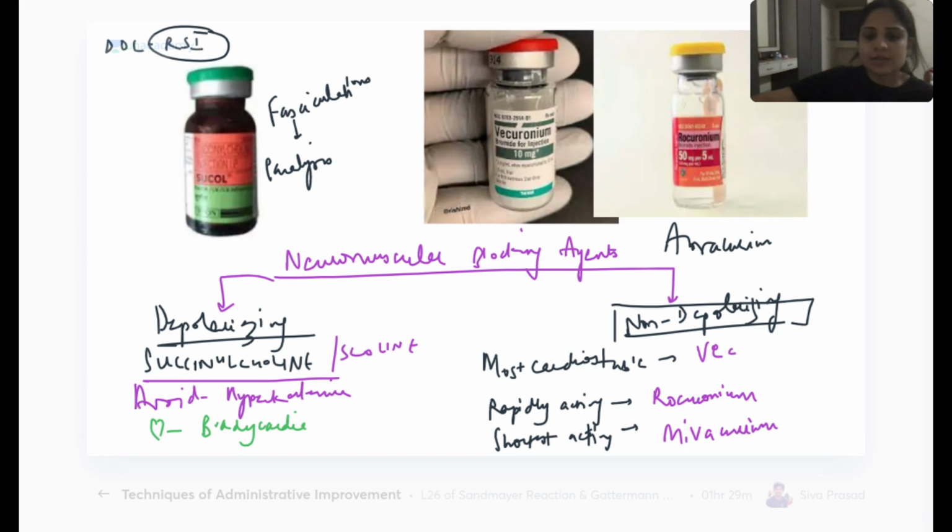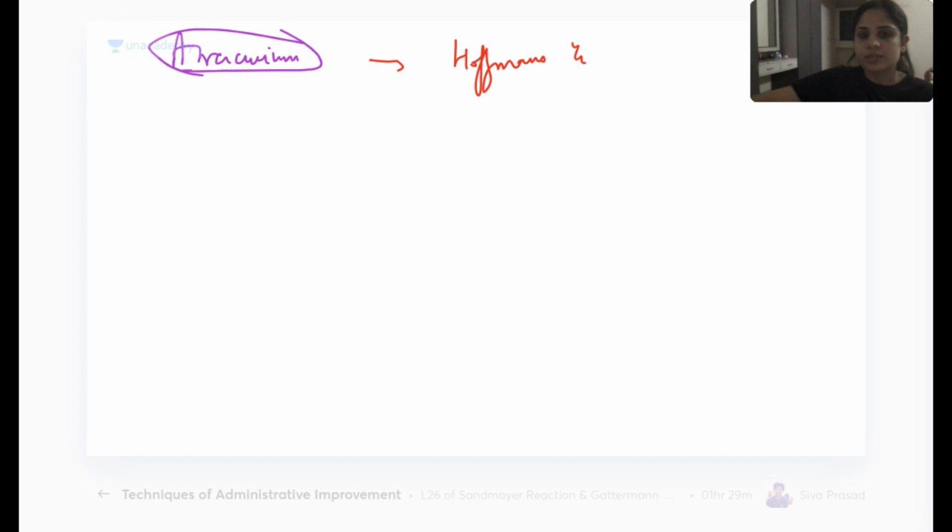Can you tell me any specific thing about atracurium? Atracurium is your favorite non-depolarizing agent. Yes. So atracurium requires no reversal. It undergoes something called Hofmann's elimination. What is Hofmann's elimination?